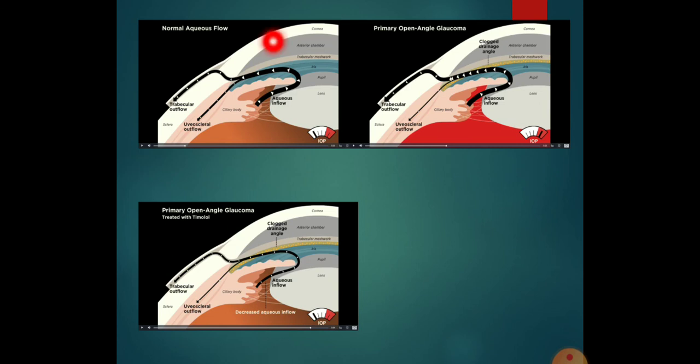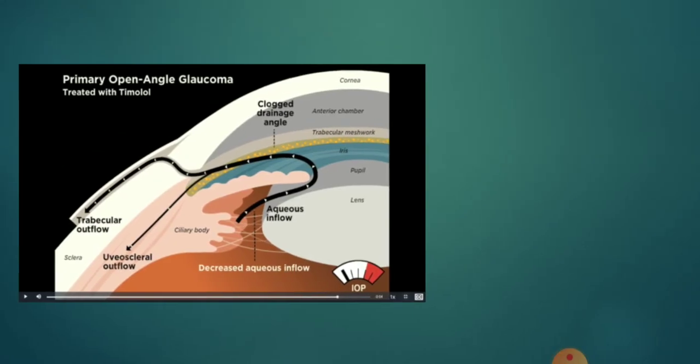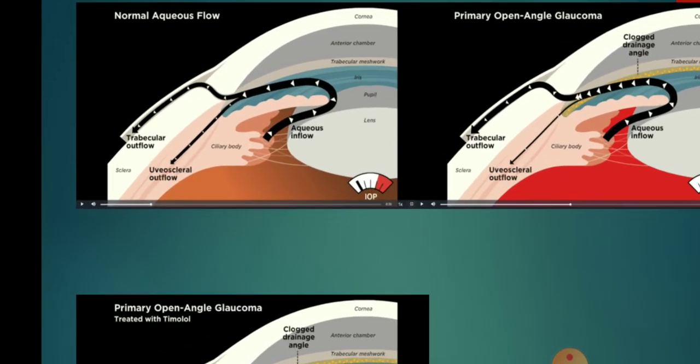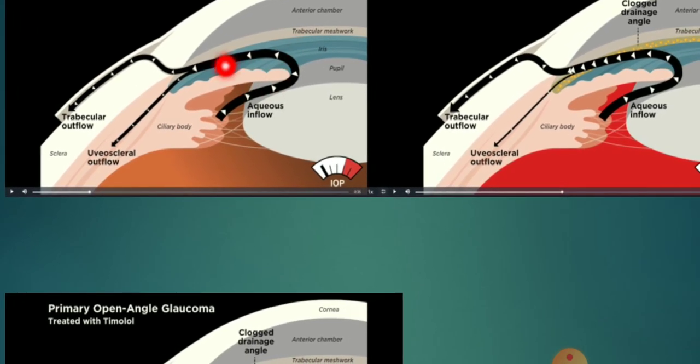So this is the normal aqueous flow. Here you see the flow in case of open angle glaucoma, and this is primary open angle glaucoma when it is treated with timolol. Again I am repeating, this is normal flow, normal trabecular outflow and uveoscleral outflow.